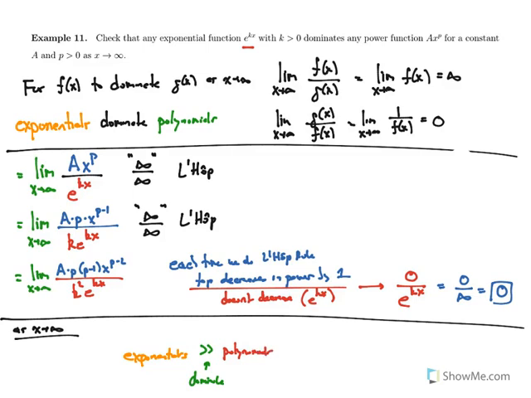And polynomials are actually much bigger than, say, logarithms. We talked about that a little bit earlier. And actually, there's something bigger than exponentials, one that we're not going to talk about in this class, but you could say factorial functions are much bigger than exponential functions, which are much bigger than polynomial functions, which are much bigger than logarithm functions as x goes to infinity. And there's more we could do past that, but that's all we're going to need in a calculus sequence. So you'll talk about that more in a Calc 2 course.